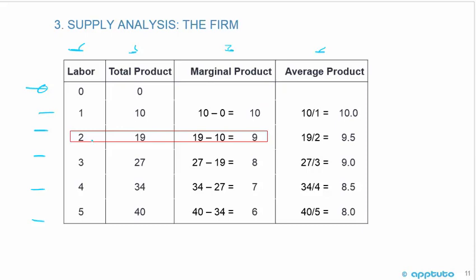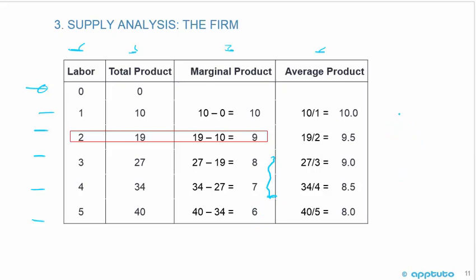As we get up to 2 units of labor, our product is 19. So we can see the marginal product is 19 minus 10 equals 9. Similarly, as we move up to 3 units of labor, we get to 27 units. So we do 27 minus 19. You can see our marginal product is going down. Over here on the average product, that's easy.